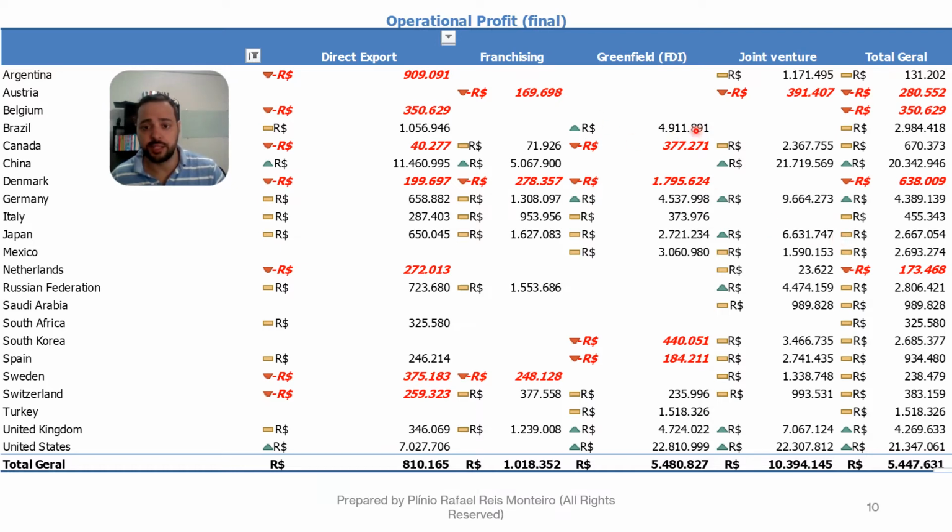For instance, in Brazil, the highest profit was achieved with greenfield, and you can also see very good profit, for instance, in the United Kingdom using greenfield as well. So it's possible to achieve good results depending on the characteristics of the country you are reaching, and also your entry mode and other strategies.